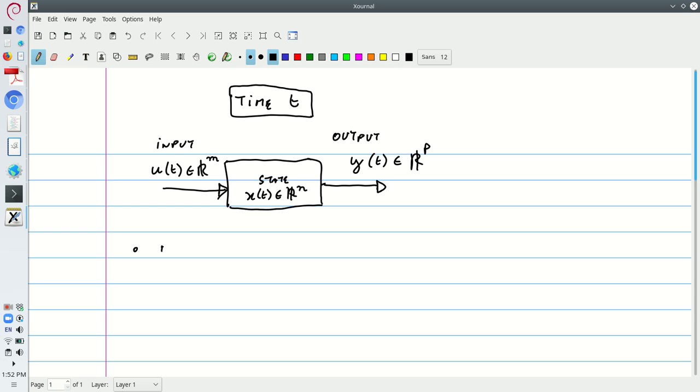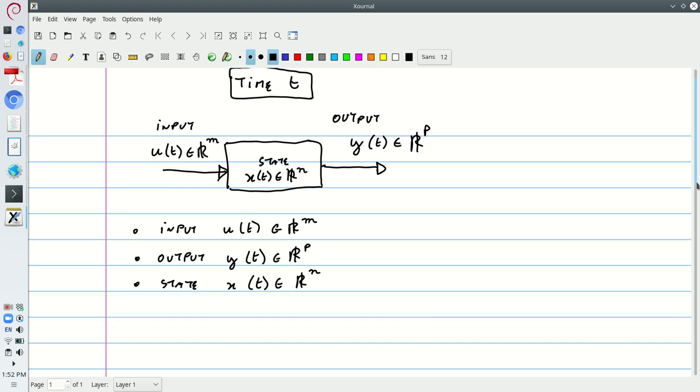So summarizing, we have input u of t, in R^m, the output y of t, with dimension p, and the state x of t at every time t is a vector with dimension n.